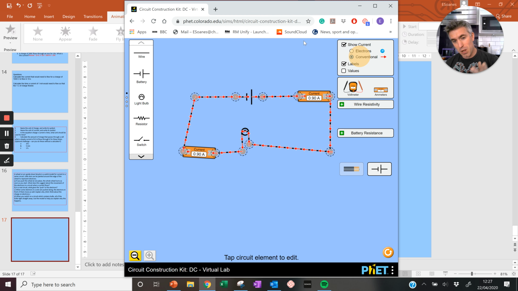So when you're talking about current, sometimes called conventional current, it actually goes from positive to negative. Now, you know that can't be true, because you know electrons are negative. Why would a negative electron go to the negative end of a battery? What do we know about like charges? They repel. So the electron's not going to go to the negative end, because it will be repelled away from that negative end.